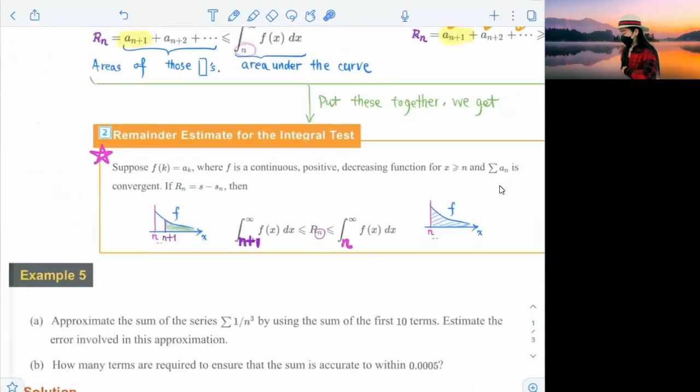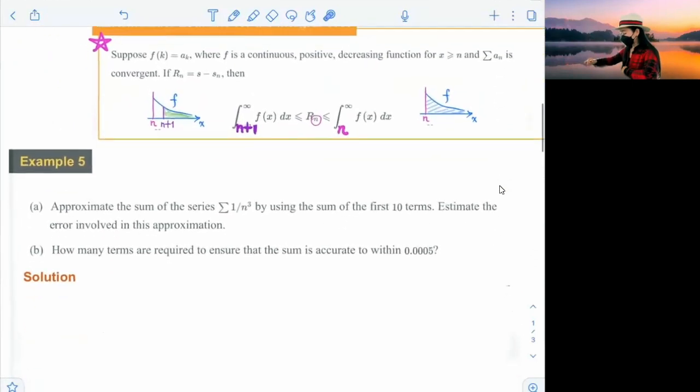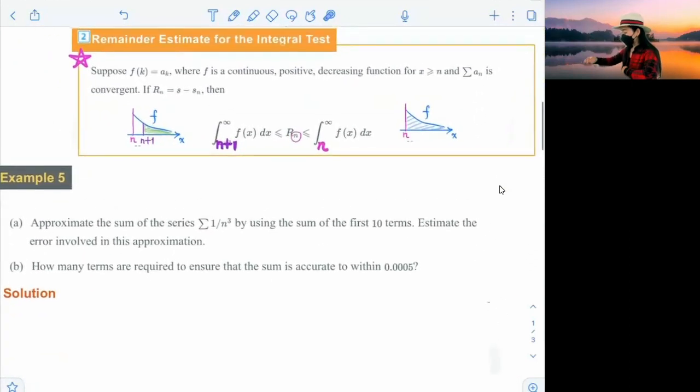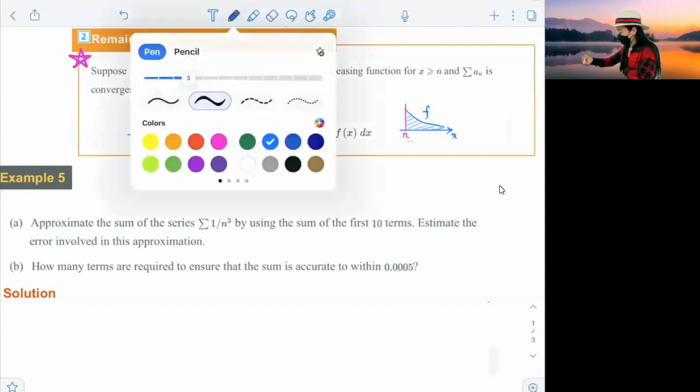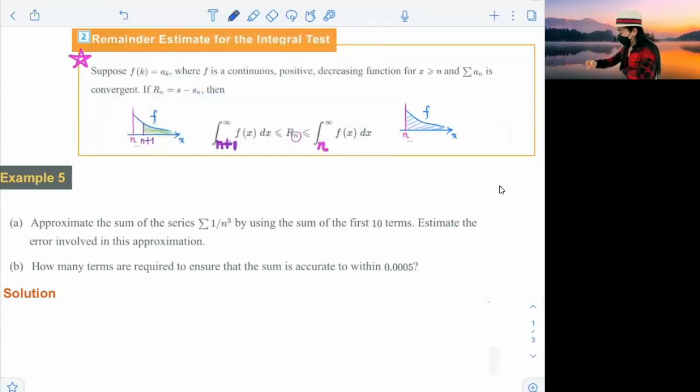How about we try some example? Let's try this example using the remainder estimate for the integral test. Approximate the sum of the series by using the sum of the first 10 terms. So what is the series right there? Let's write down: this is the series 1 over n cubed.